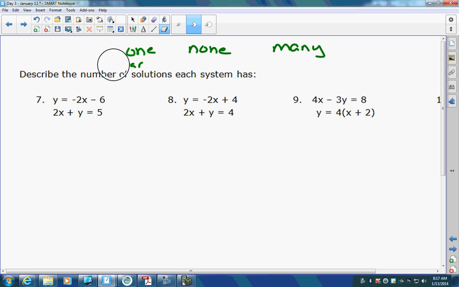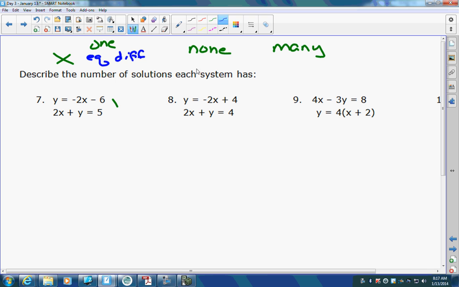See, I'm trying to go too fast. Let me slow down a minute. When there's 1, that means the 2 lines intersect. The equations will be different. If there is none, they're parallel and the slopes are the same. If there is many, it means when we solve for y that they're going to be the same line.